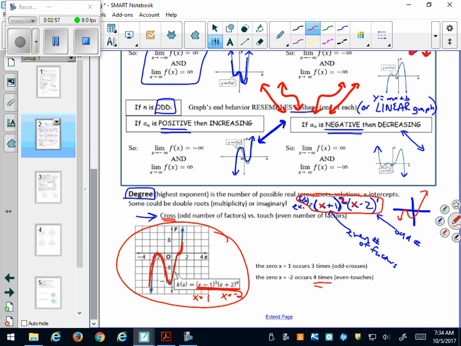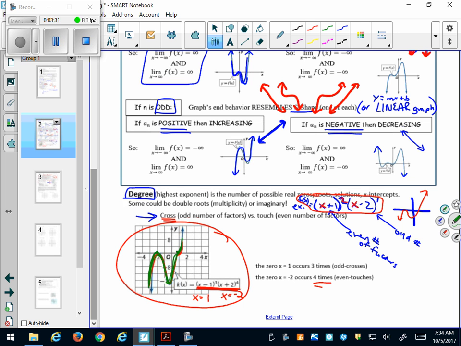We talked a little bit about when the graph bounces off the zero. It just touches it and bounces back down. Then the multiplicity, that was the word for it, right? The number of times that factor occurs in the equation is going to be even if it bounces like that, and it's going to be odd if it just goes through the zero.